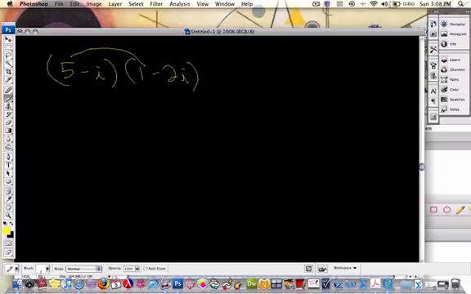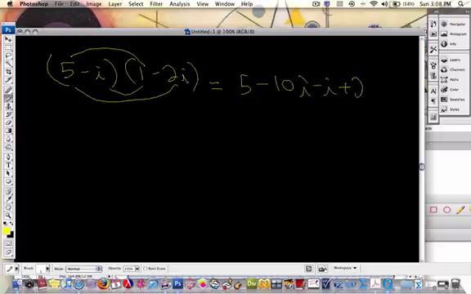So first is 5, outer, minus 10i, inner, minus i, last, plus 2i squared. So just be careful with the negatives, with the i's. You really got to keep track of your negatives. Negative times negative is positive, so positive 2i squared.